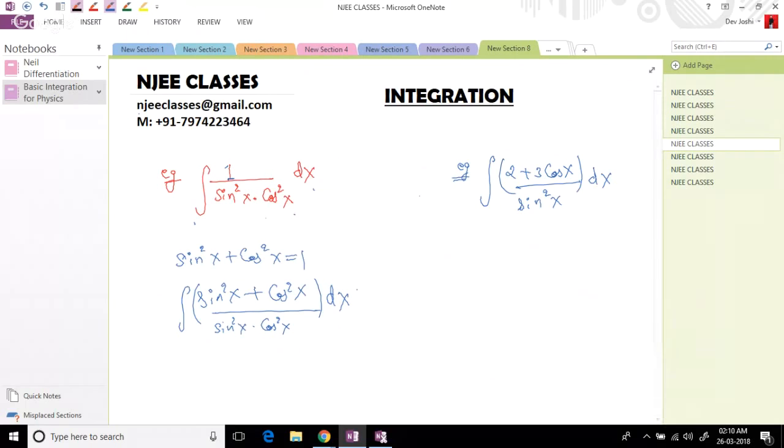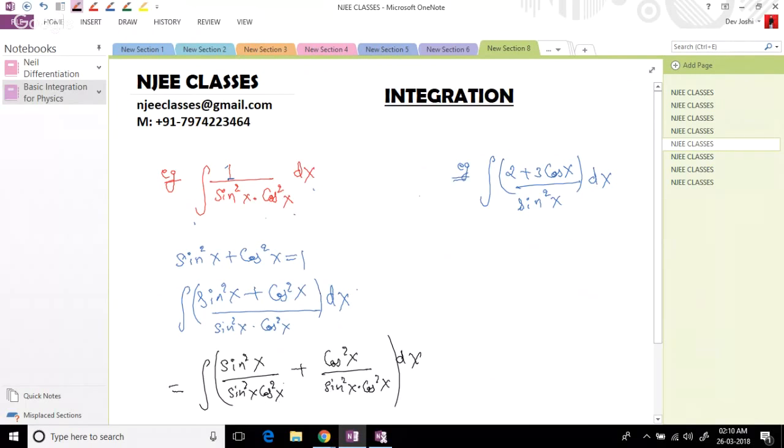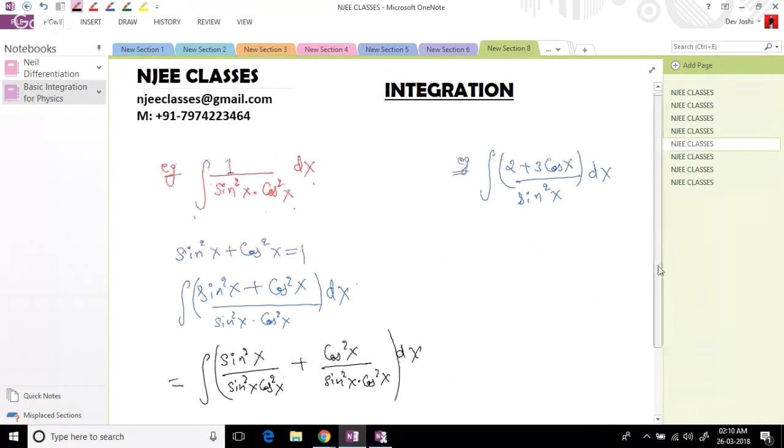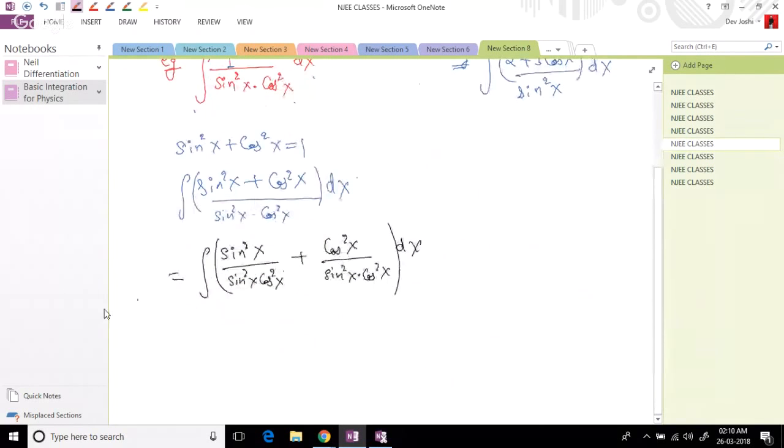Now it is going to be equal to integral of, separate the variables. So here we are having sin square x upon sin square x into cos square x plus cos square x upon sin square x into cos square x dx. So now sin square x cancels out, cos square x cancels out.